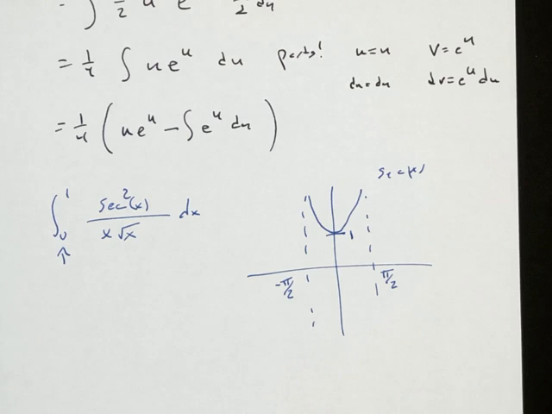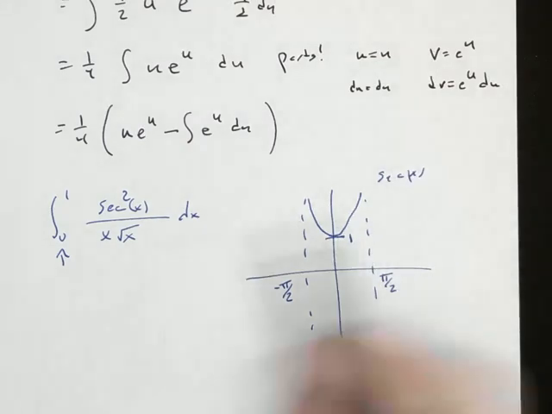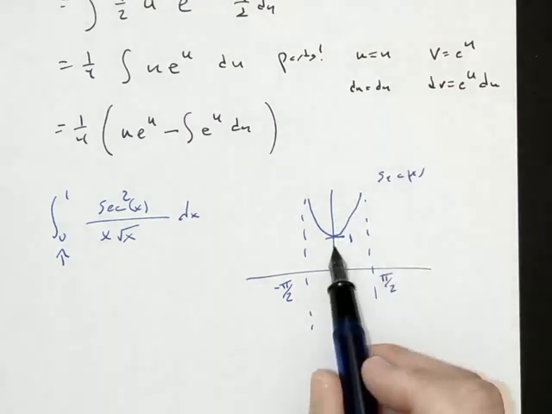So I want to try and figure out if this converges or diverges. And it says use the comparison theorem, right? And since it says use the comparison theorem, I want to compare this to something. Well, let's just look at secant for a second. I know secant is always bigger than 1.